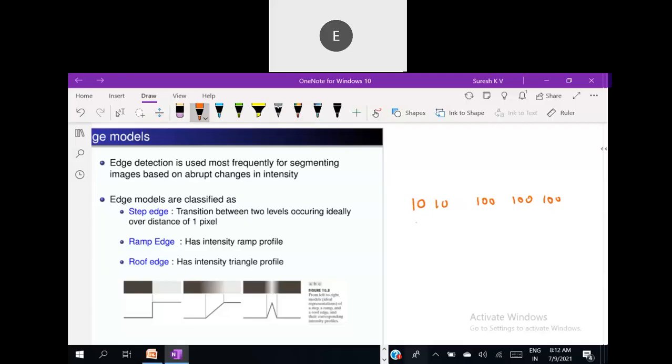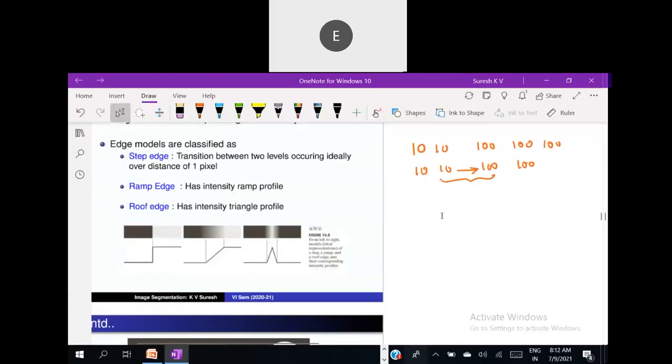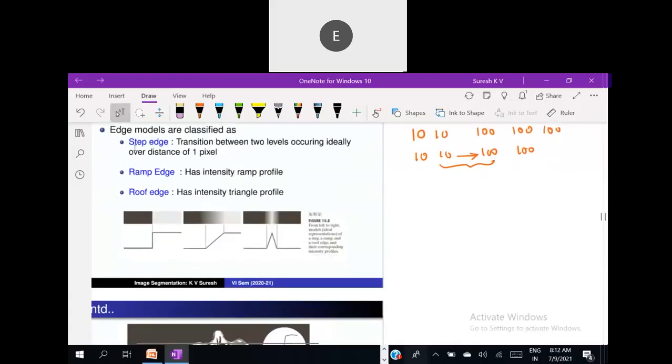So you see this is 10, 10, 100, 100. So you could encounter an edge here. There is a drastic change from gray level value 10, which is dark, to 100. Depending on how this change occurs, we classify edges into different models. So we will take one by one.